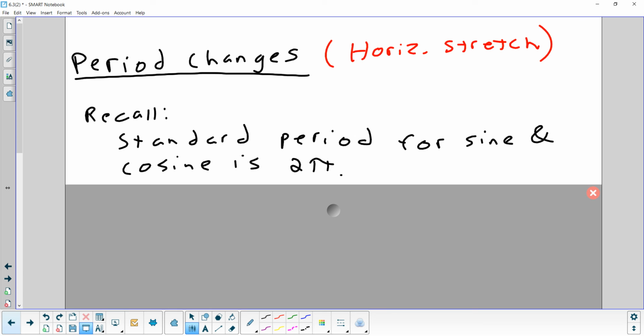So the standard period for sine and cosine is 2 pi, and that's been the period for every problem we've done so far, because we have not stretched or compressed it horizontally. So remember, the period is the length of time it takes for you to travel along the x-axis and complete a full cycle. Beyond that length, you're going to be sketching something you've already sketched before. Okay, it's going to repeat itself.